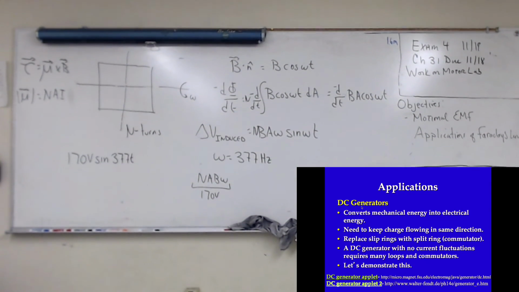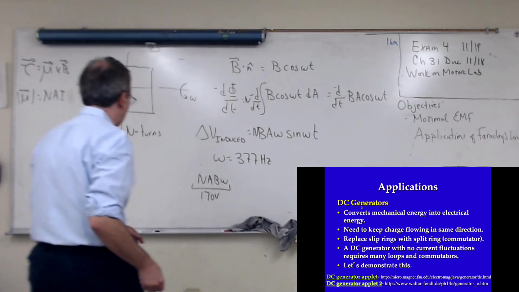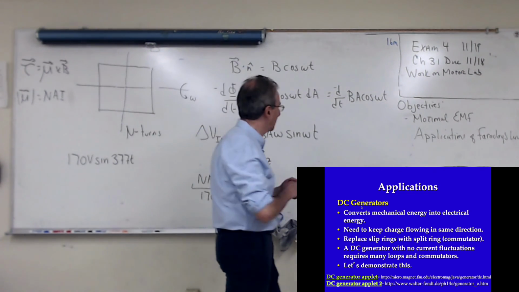Let me just finish off my examples. So AC and DC generators convert mechanical energy into electrical energy. They need to keep the charge flowing in the same direction. So for a DC generator, you use the split ring commutator. But a DC generator with the split ring commutator doesn't mean that the current's constant.